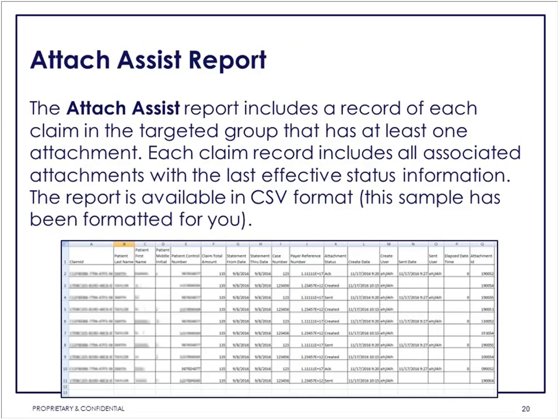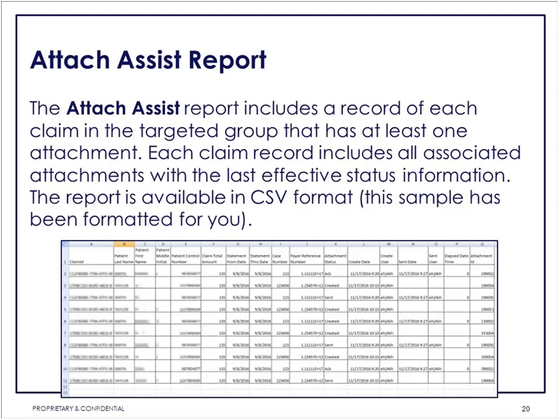Okay. The other element that I want to point out within this process is that there's nothing in the system that cannot be tracked. You want to make sure that you're monitoring what is being attached out there. Underneath your reports option, create reports, there's a whole section under your release category labeled Attach Assist.